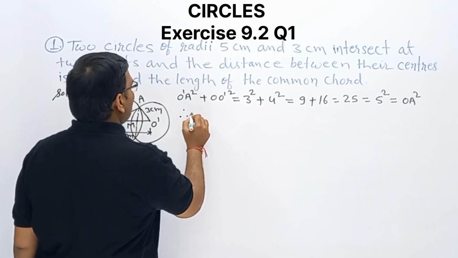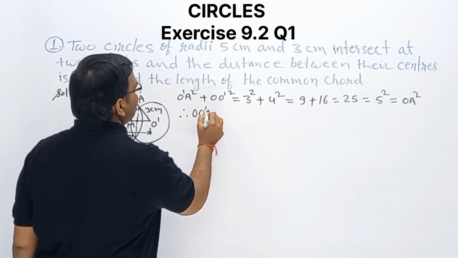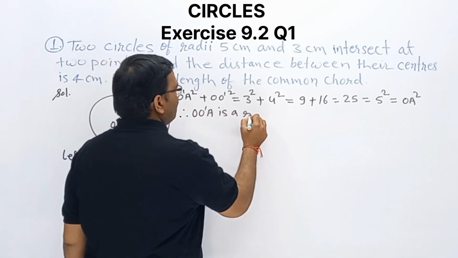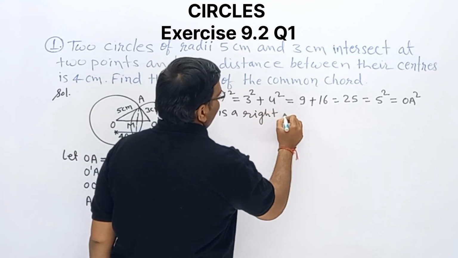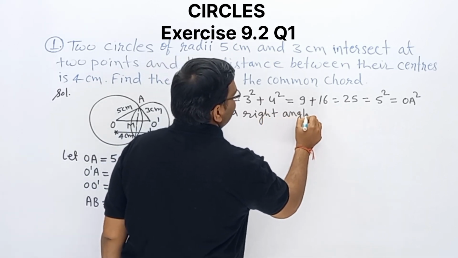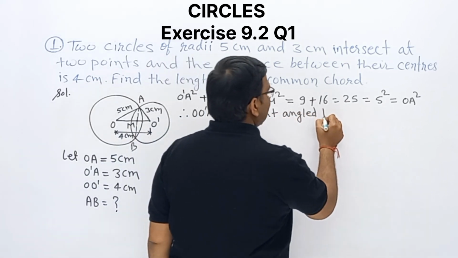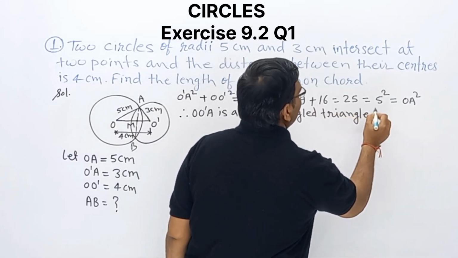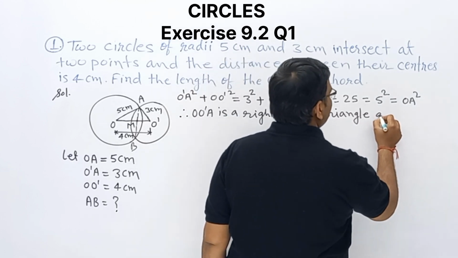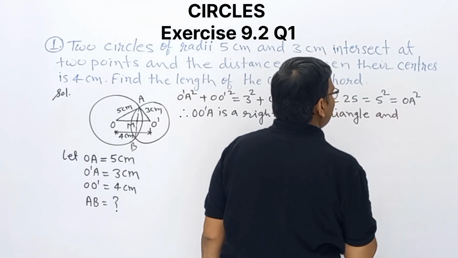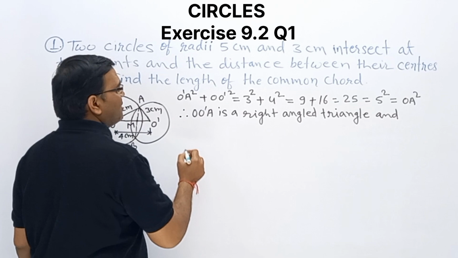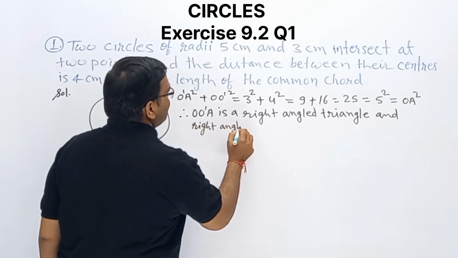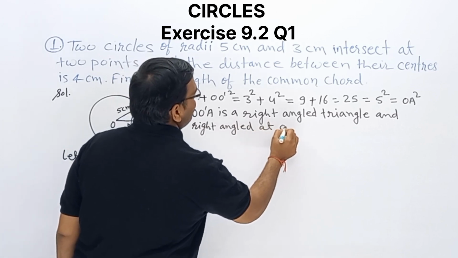So triangle OO dash A is a right angled triangle, right angled at O dash.